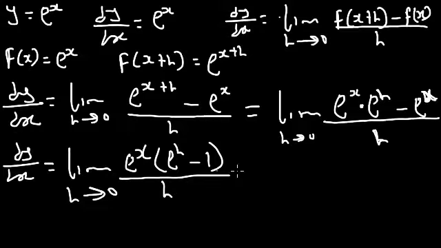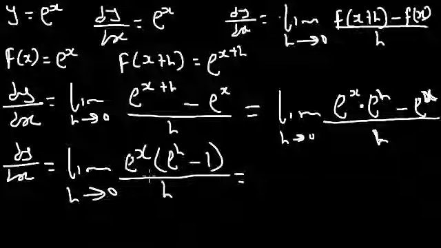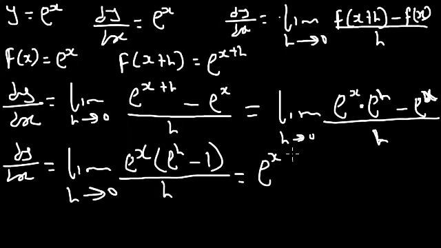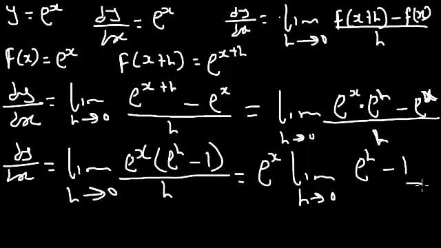Am I communicating? Perfect. Now, this is a limit that is with respect to h. However, this is a function that is with respect to x. Since the limit and the function don't correspond, they have no business together, and so we can take e to the power of x outside the limit, and then we have e to the power of x multiplied by the limit as h goes to 0 of e to the power of h minus 1, divided by h.